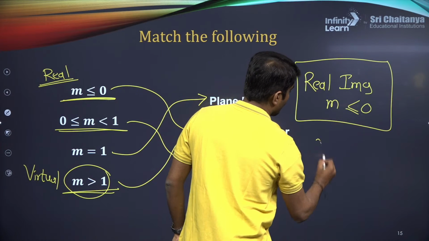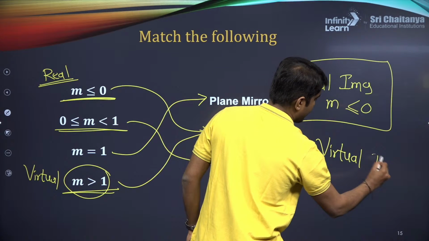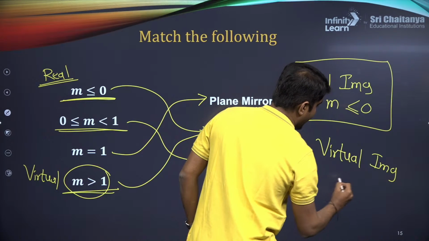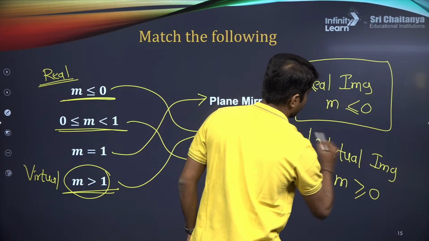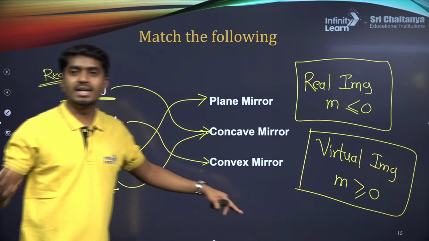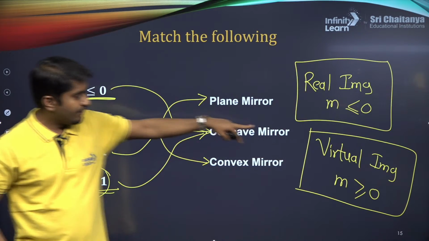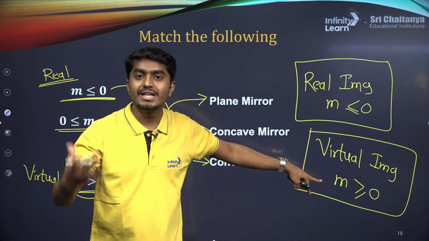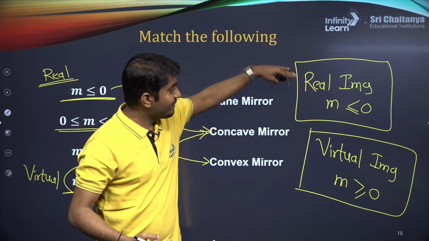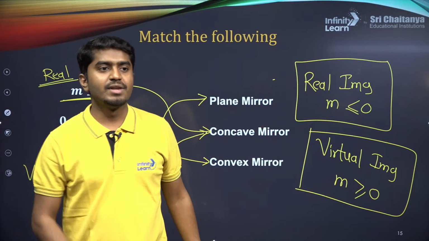If it is a virtual image, then magnification is always going to be a positive number. It can be any mirror. You can use a plane mirror, concave mirror, or convex mirror. Whenever it is a virtual image, magnification will always be a positive number. But if it is a real image, magnification will always be a negative number.